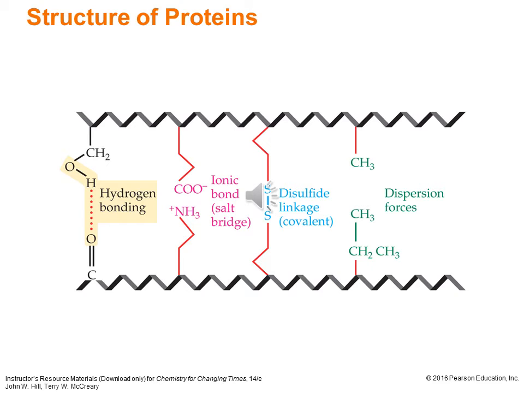They can form salt bridges across from each other as long as the protein twists in just the right way. Then we see that true chemical bond, that covalent bond. Again, an ionic bond is also a chemical bond, but the covalent bond forms with the disulfide linkage that can hold those two side chains together. And finally, the dispersion forces that occur when you have nonpolar side chain interactions.